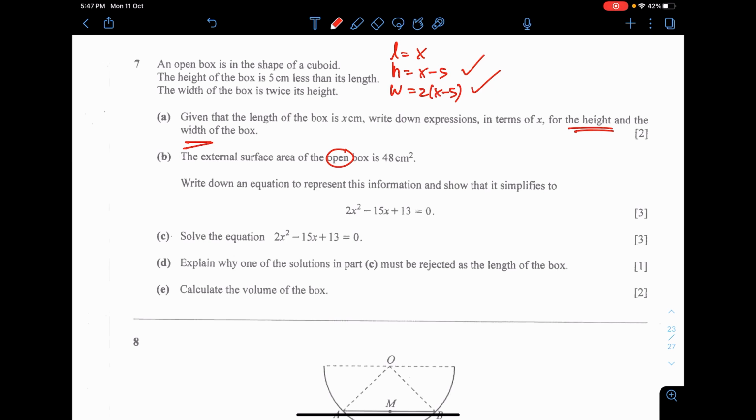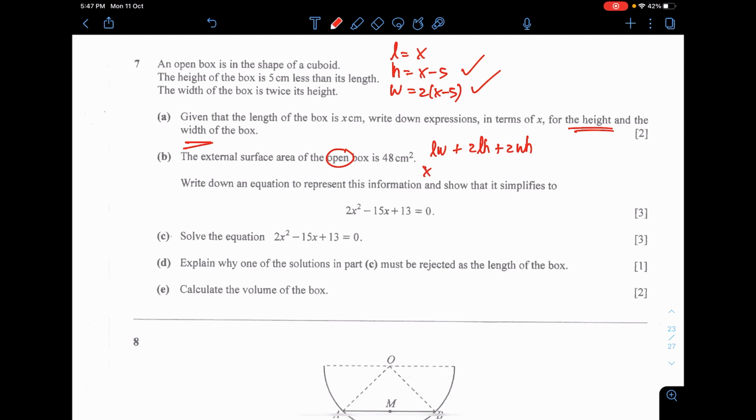Okay, let's think about it. The base of the box must be length times W, and there is only one piece of it, because there is no lid. It's an open box. Plus 2 times length times height, plus 2 times width times height. Okay, these are the sides that make the box. Let's just multiply them using the algebra that we have so far.